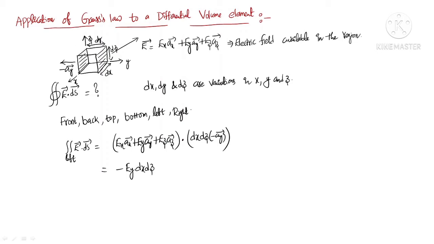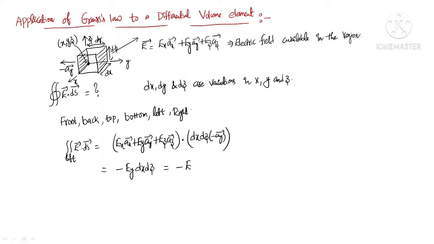Let us assume this point has the coordinates x, y and z. What I need to know is the electric field intensity at which point, x, y, z. Let me write it like this.